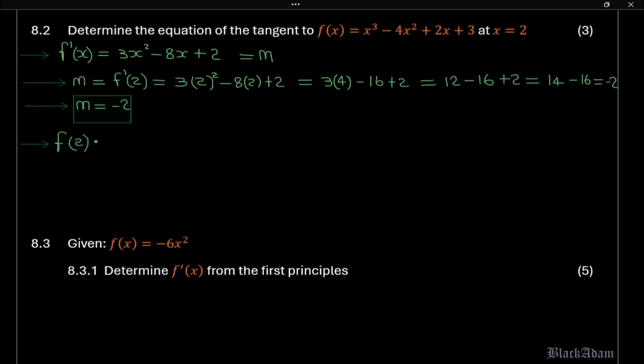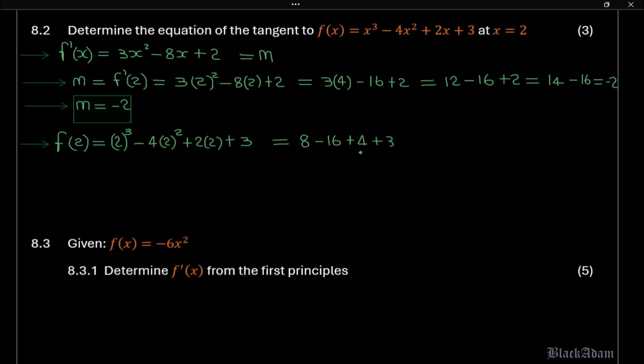So we substitute 2 in the original equation, so that's going to be 2 to the power 3 minus 4 bracket 2 to the power 2 plus 2 bracket 2 plus 3. So 2 to the power 3 is 8, and then 2 to the power 2 is 4, 4 times negative 4 is negative 16, 2 times 2 is 4, and then plus 3.